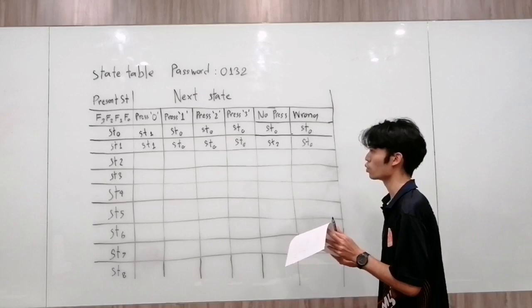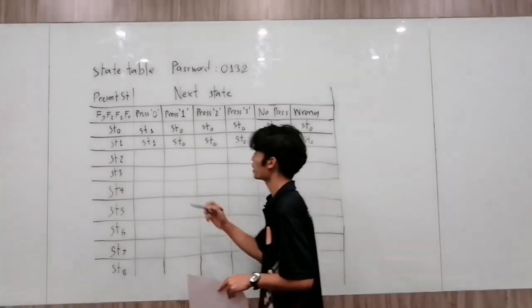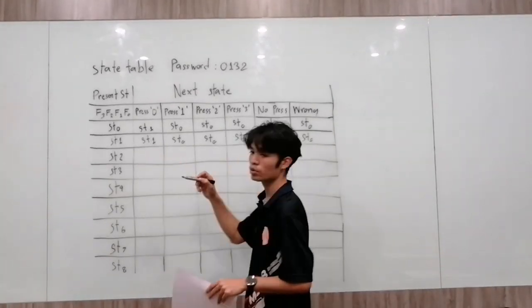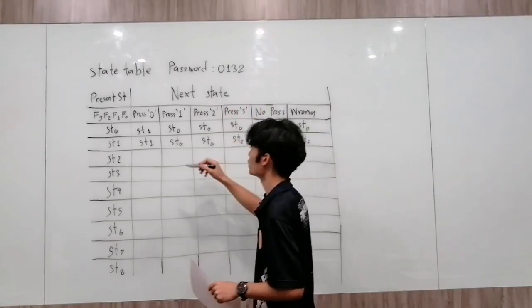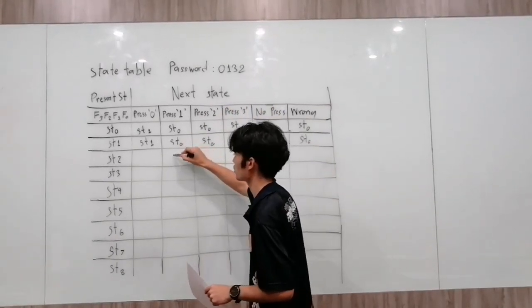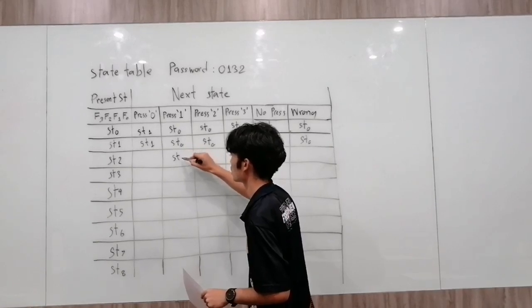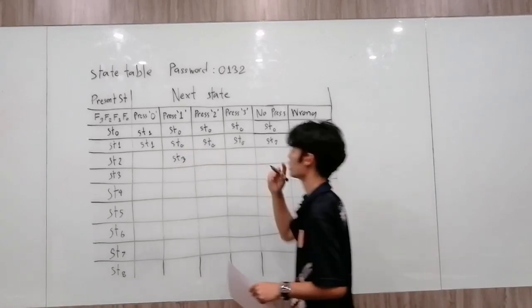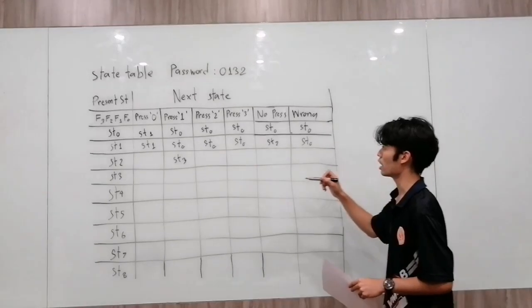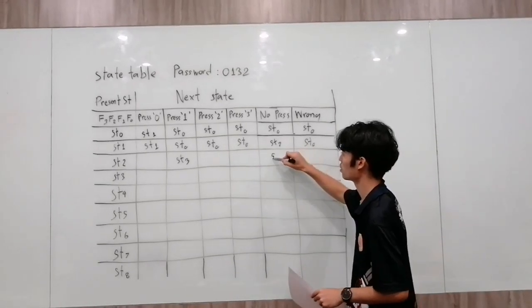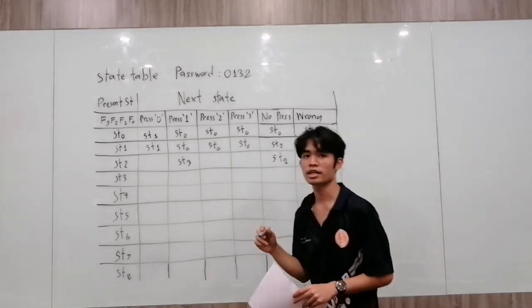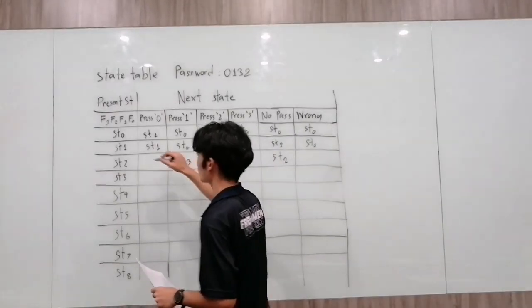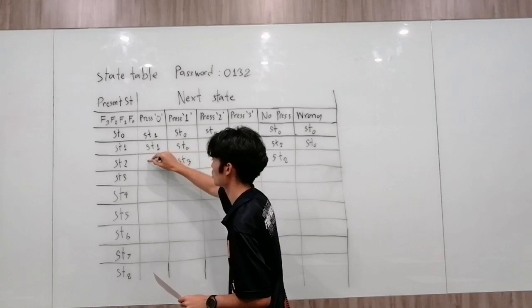Next, state 2. My second password is 1. When you press 1, it goes to state 3. When you release it, it's still in state 2. Other cases are wrong, so it goes to state 0.